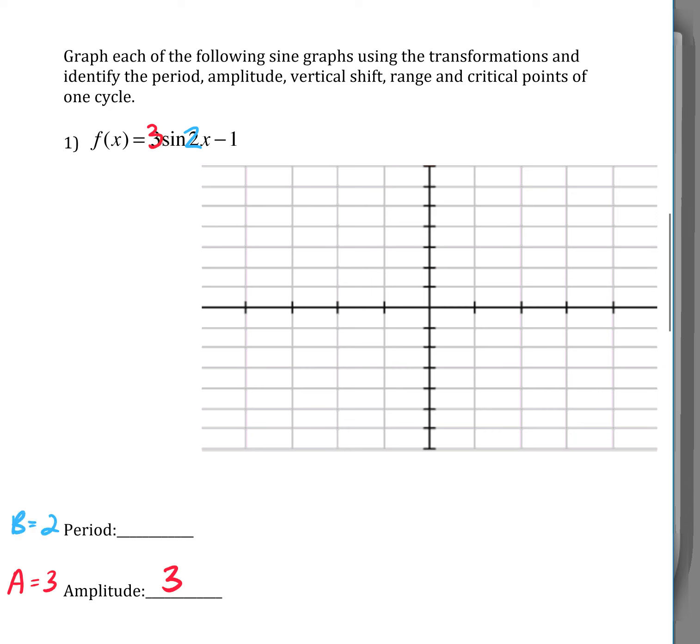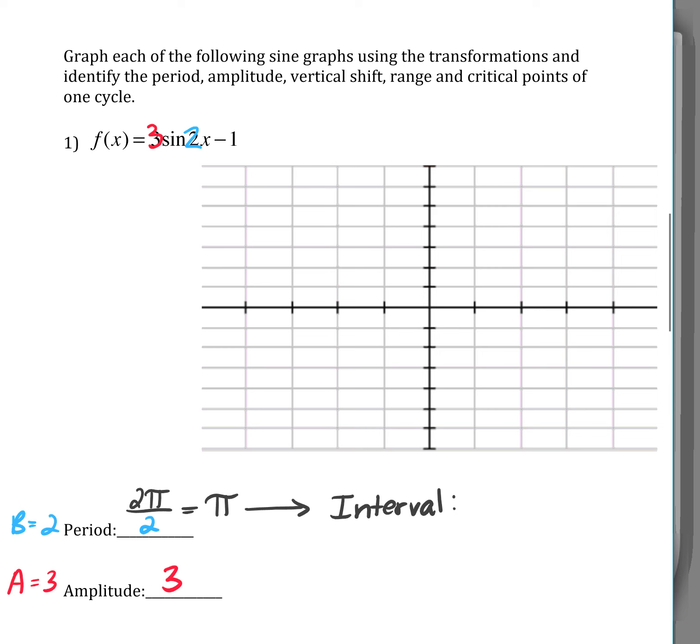So that tells us our period is going to be 2 pi over 2, or pi. And that will tell us how long it takes to go through one cycle. We want to squeeze the 5 points in there. So we're going to calculate something called the interval to set up our scale.